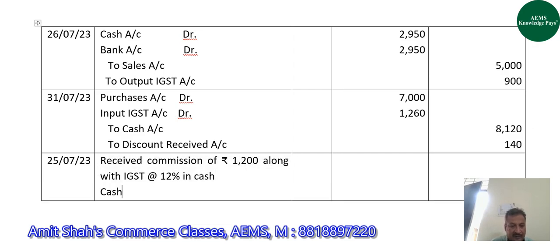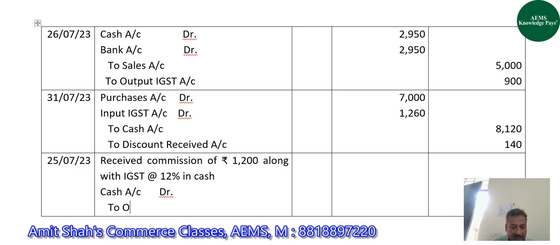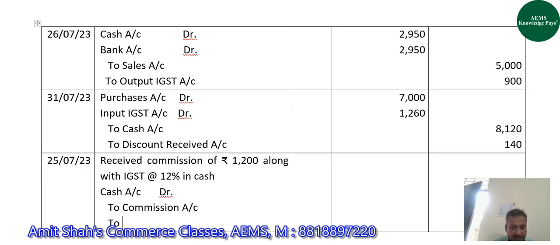So for this, the journal entry that we'll do is cash account debit to commission account to output IGST account. That is our income. So 1200 is the amount of commission and 12% IGST, that is 144 rupees. So total amount that we have received is 1344.